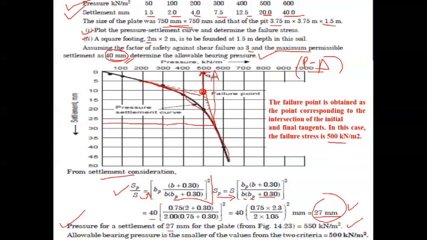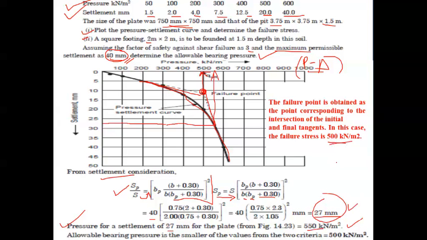Usually the worst condition we have to select for any design. There are two values with us now: one is 500 kilonewton per meter square, and the second one is 550 kilonewton per meter square.